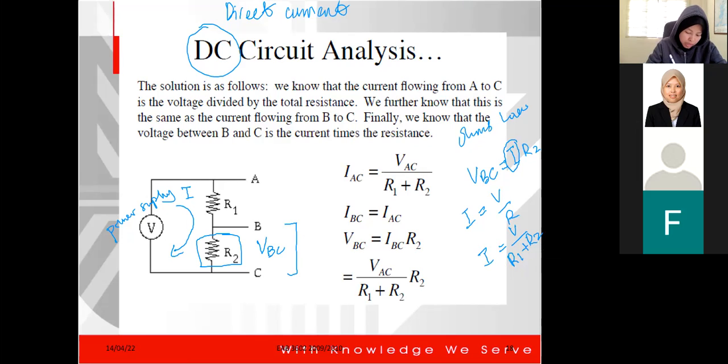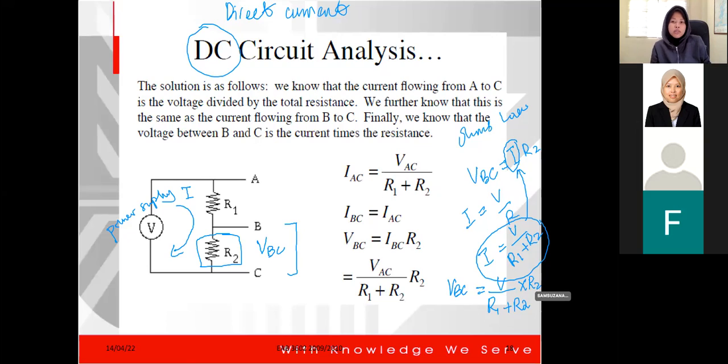So masukkan balik this one into this equation. So you akan dapat VBC is equal to V over R1 plus R2, you multiplykan dengan R2. Right? So does everybody with me? Yes. Yes, Doktor. Okay, so that is how you calculate the voltage drop across VBC.